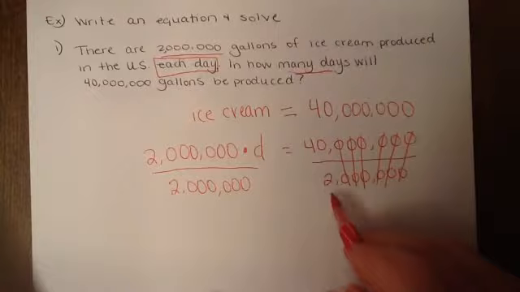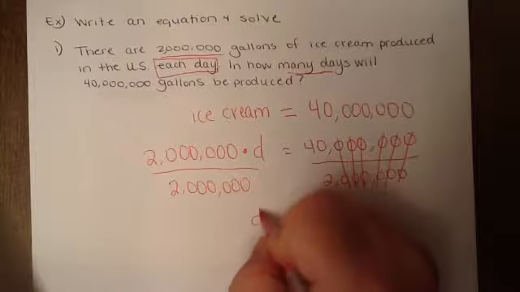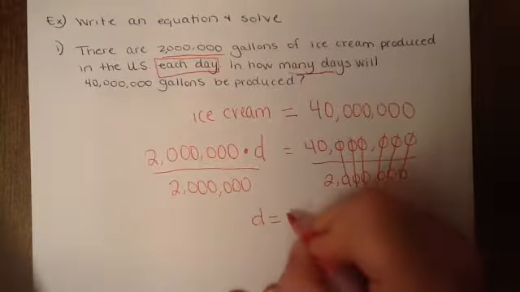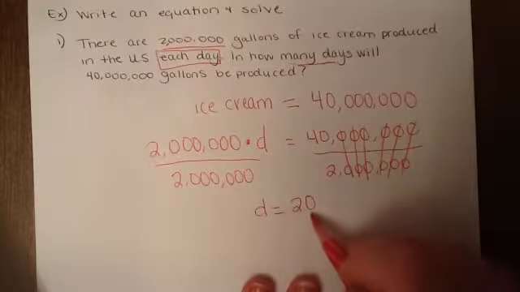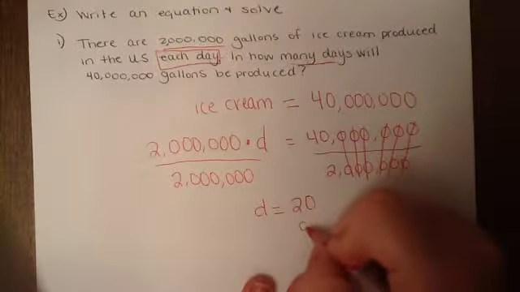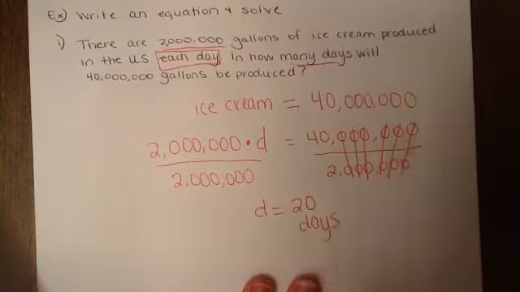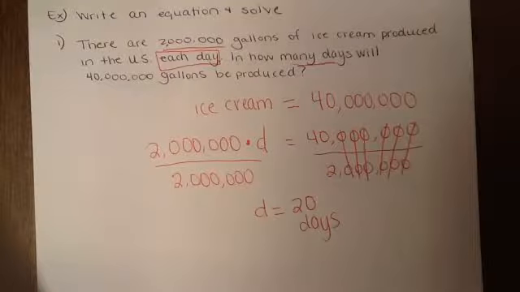Okay. 40 divided by 2, 20. It will take 20 days for there to be a total of 40 million. If there's 2 million each day, 20 days later we will have 40 million. Nice job.